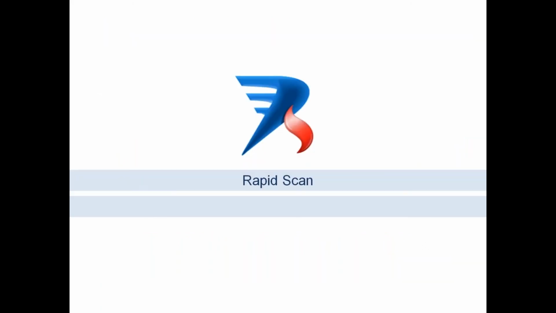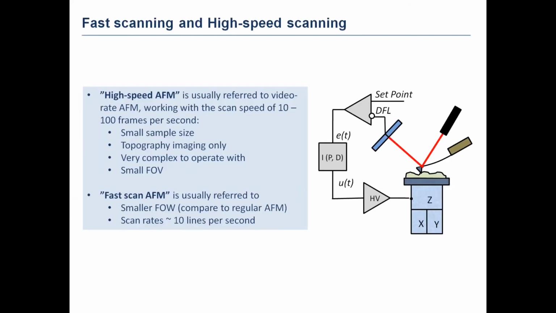The next point of today's talk is the rapid scan technology. Rapid, or so-called fast scan, is a topic in the AFM community that has been widely discussed for at least the last 10 years or even more. There are two commonly used terms.